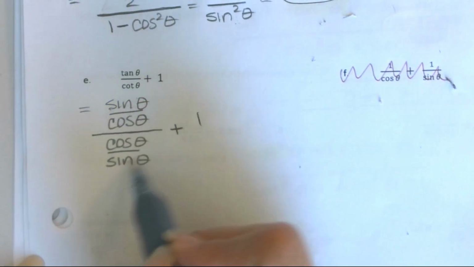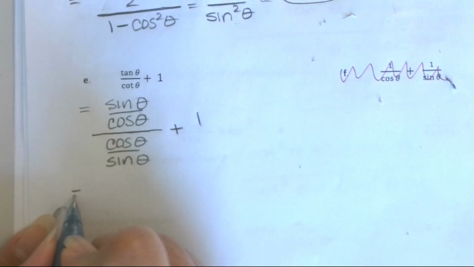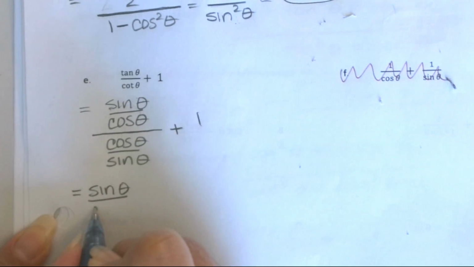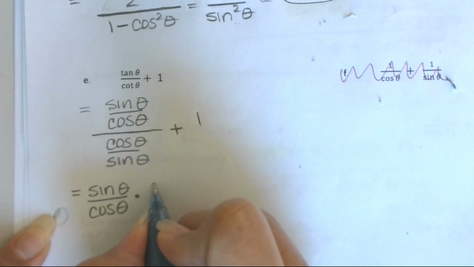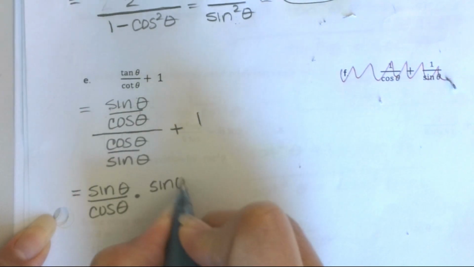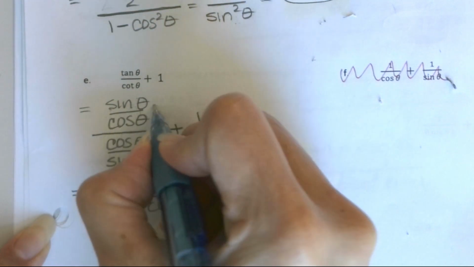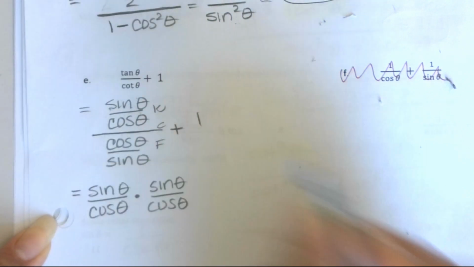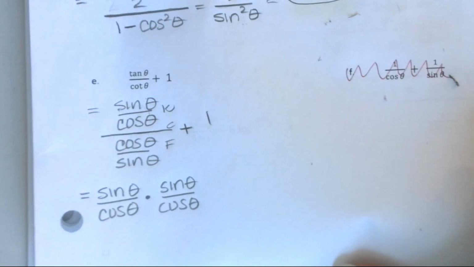What scenario is this when you have this over this? Very good. Keep the first fraction, multiply by the reciprocal. All right, so for those of you that have been doing the keep, change, flip, it's a reminder of the practice of multiplying by the reciprocal.